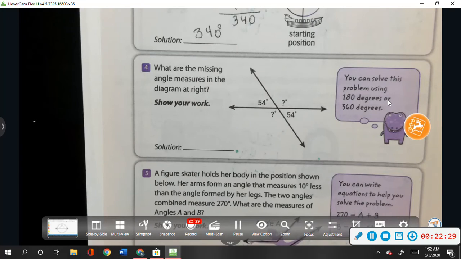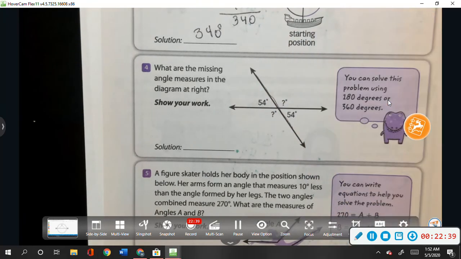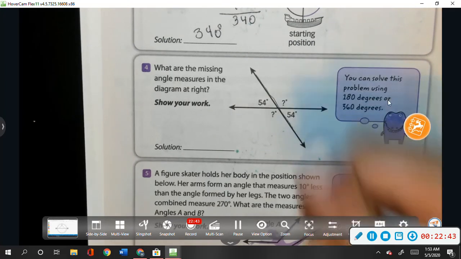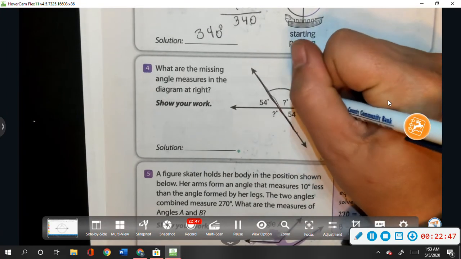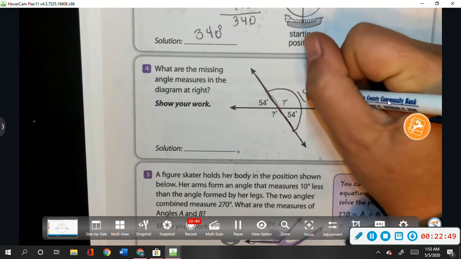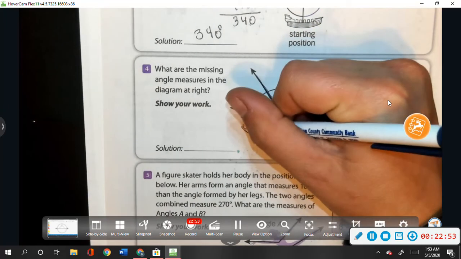Next one. Number 4. What are the missing angle measures in the diagram at the right? So we have one straight line, which makes what kind of angle? This would be the 180 degree angle. So that's 180 degrees. This is 180 degrees.